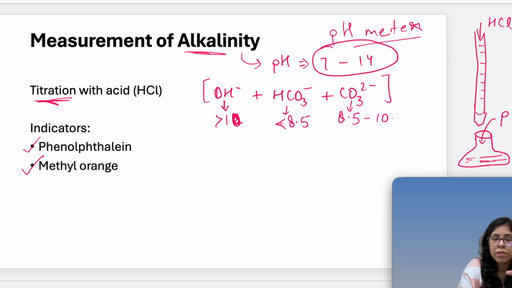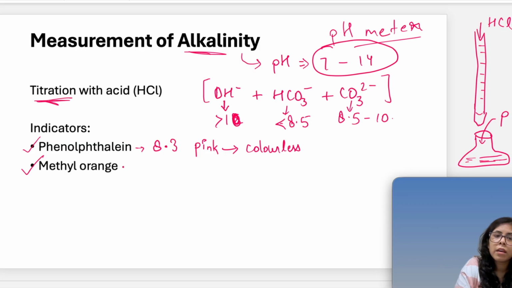The phenolphthalein color change happens at pH 8.3. For pH greater than 8.3, it's pink in color. And when pH becomes exactly 8.3 or less than 8.3, it changes its color from pink to colorless.